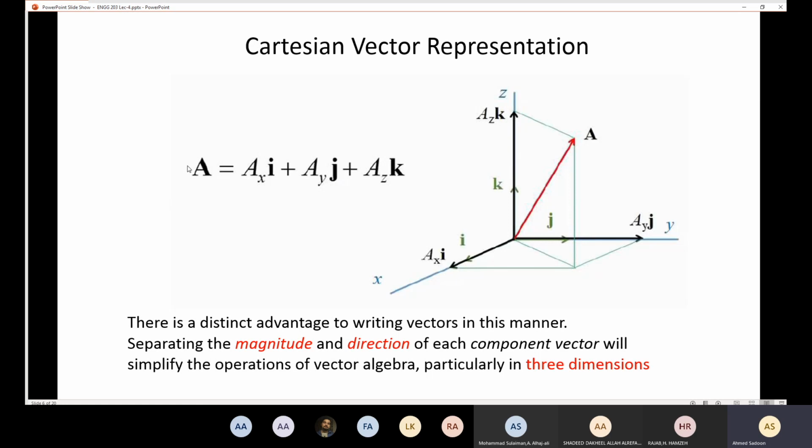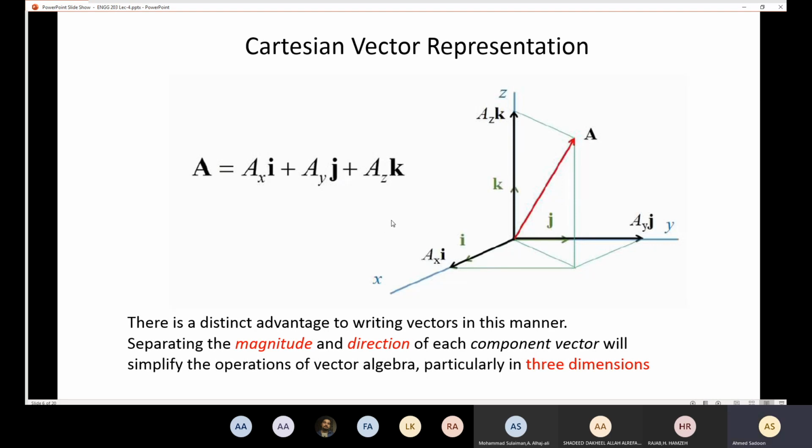So we are going to say that the A vector is going to equal AX, the magnitude, I, which means that the component here is in the positive direction of X. Then plus AY J. AY is the magnitude of the vector in the Y direction, and J indicates that the component is in the positive part of the Y axis. And here we have plus AZ K. AZ is the component of the vector in the Z direction, and K is the unit vector that indicates that the component is in the positive part of the Z axis.